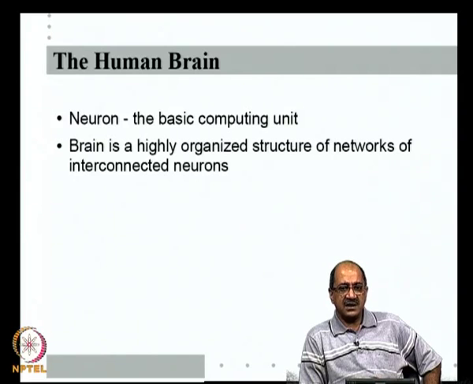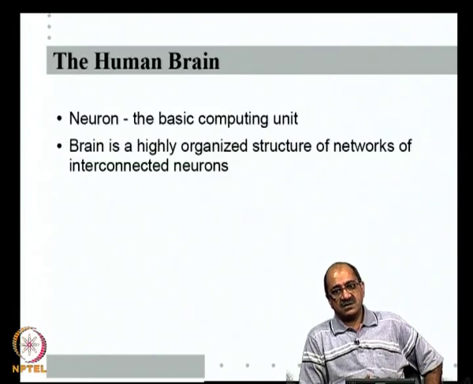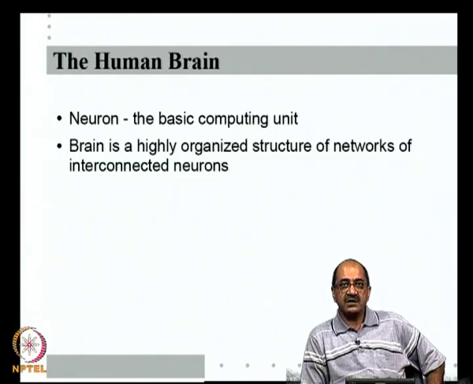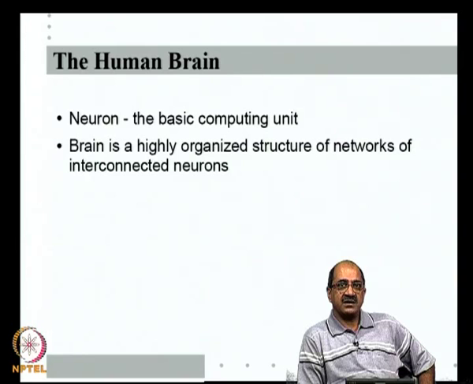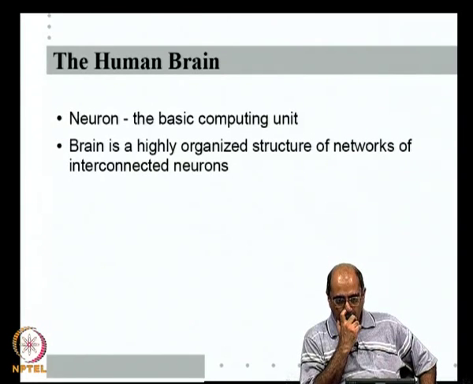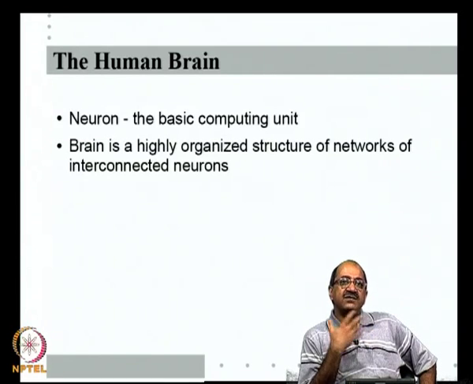A neuron is a biological cell, it has a cell body, and it has input and output terminals, so to say. There is one process sticking out of the neuron, which is its output terminal, called an axon, and it has many inputs coming in, called dendrites. On the dendrites, axons of other neurons come and make connections.